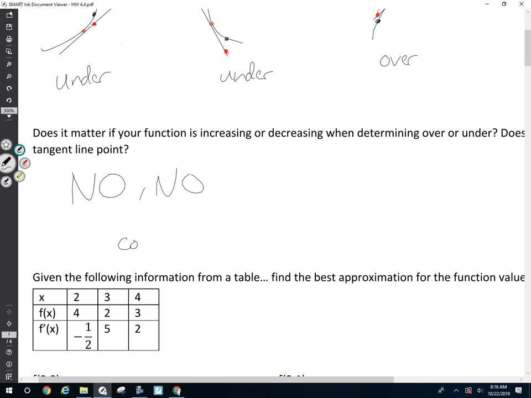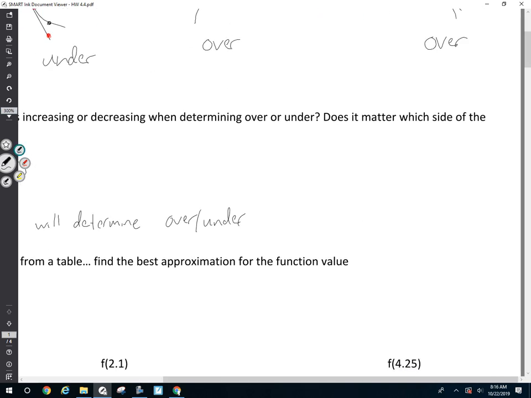Concavity will determine over or under approximations, regardless of the side. Okay?